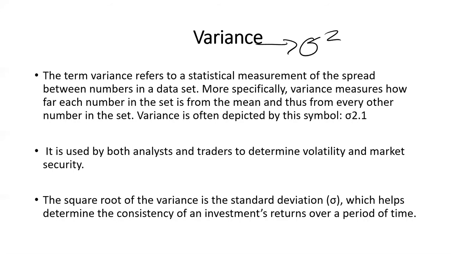Then the square root of variance is the standard deviation. When we take the square root of variance, it gives you the standard deviation, which helps to determine the consistency of investment returns over a period of time. The standard deviation tells how consistent a return you will get over a period of time.